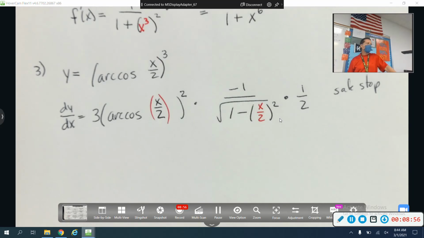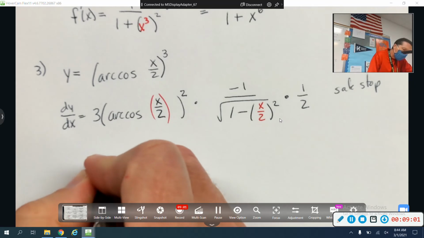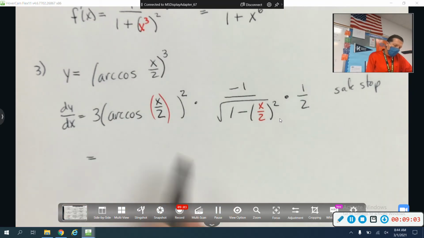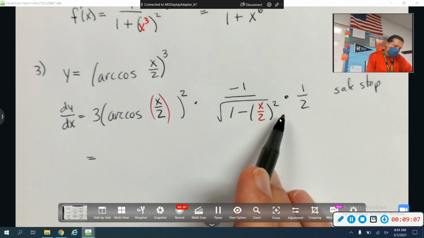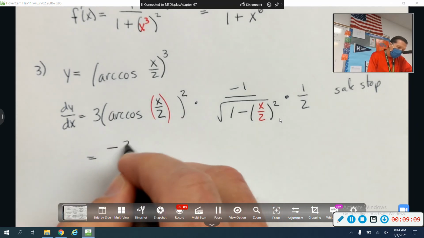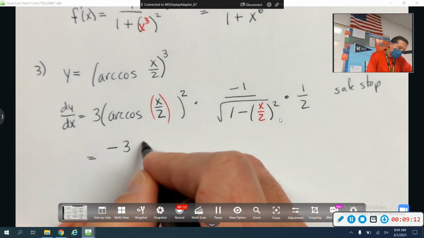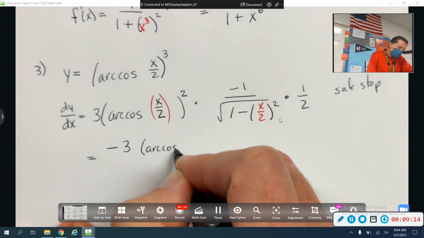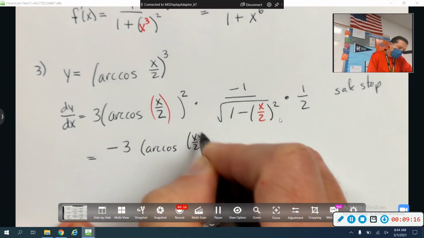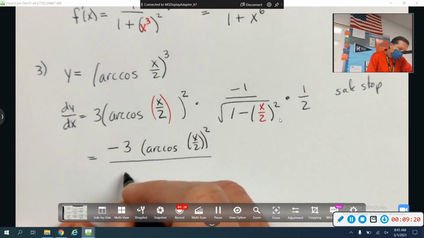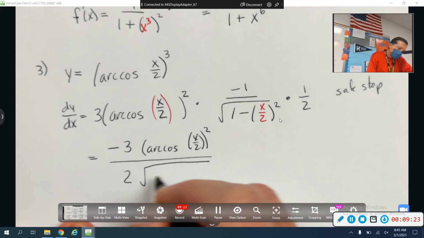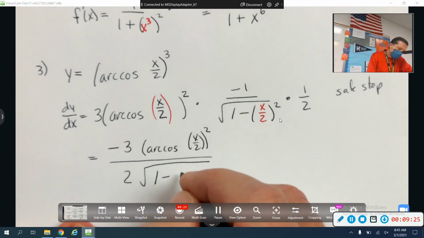But as you figured out, sometimes we work problems just to make sure our algebra is okay. So I'm going to rearrange a bunch of this stuff and then clean it up a little bit. So I know it's -3 arc cosine of x over 2 squared, and in the bottom 2 square root 1 minus x squared over 4.